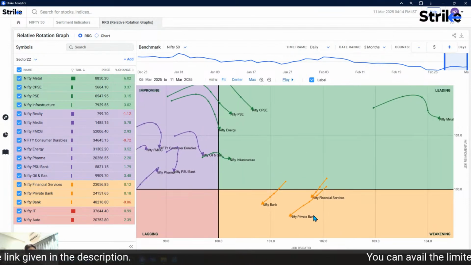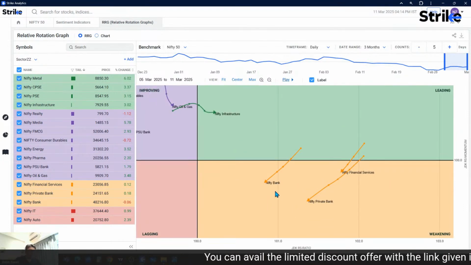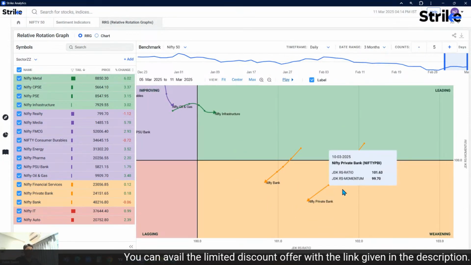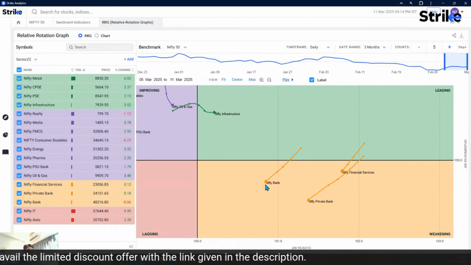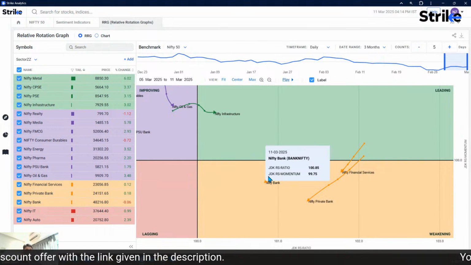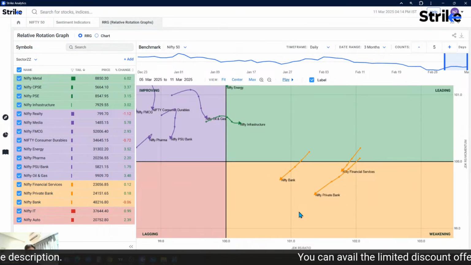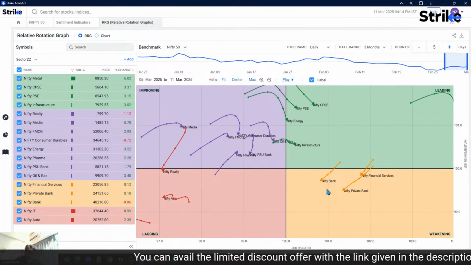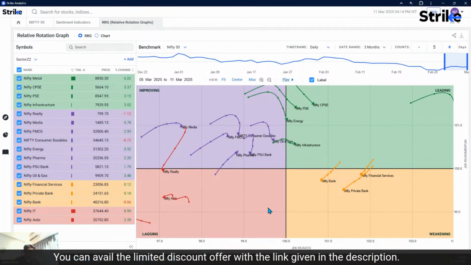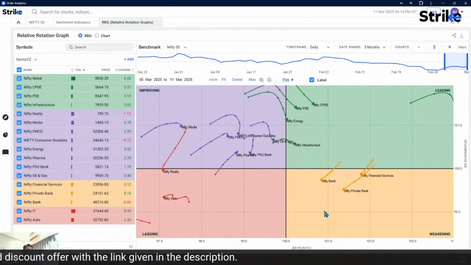If we compare, let's say, Nifty Bank to Nifty Private Bank, we will say that Nifty Private Bank is farther away. So it has more momentum as compared to Nifty Bank, and this time the momentum is downwards. They are losing momentum. With a little bit more loss of momentum, Nifty Bank can go into the lagging quadrant, but Nifty Private Bank may still remain in the weakening quadrant.